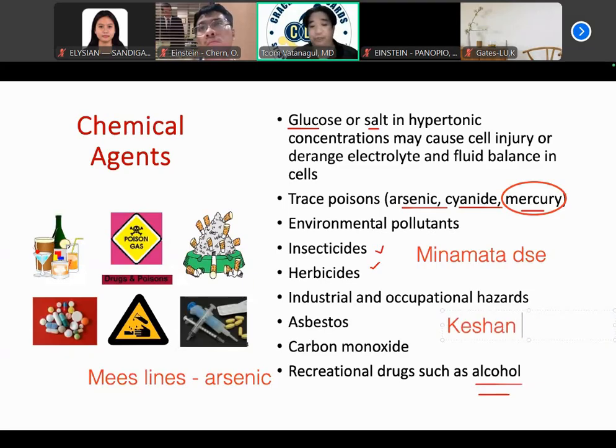Now, let's see who's going to top the exam. What mineral is deficient in Keshan's disease? Okay, very good. It is selenium. Can anyone tell me what virus is mentioned in Robbins, which is associated or implicated for Keshan's disease? Keshan's disease usually presents with cardiomyopathy as a result of a deficiency in selenium.